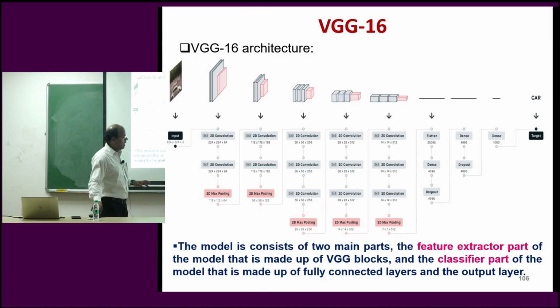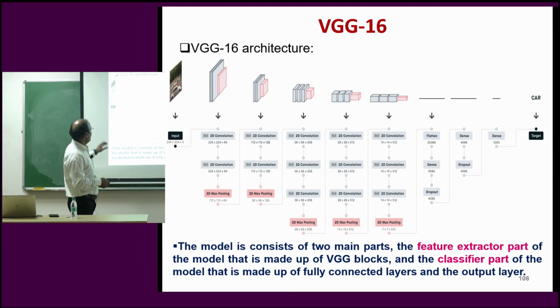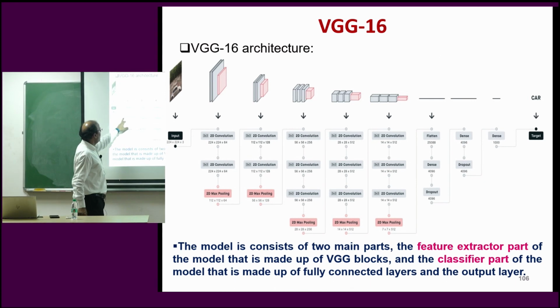Since there are 2 consecutive convolution layers, whenever you have consecutive convolution layers, make sure the number of filters remains the same, don't change that. So again 3 cross 3 convolution, and again the number of filters remains the same.